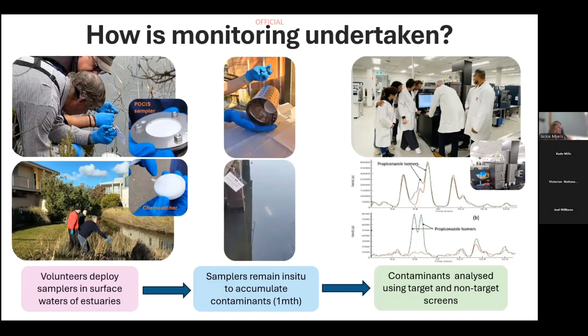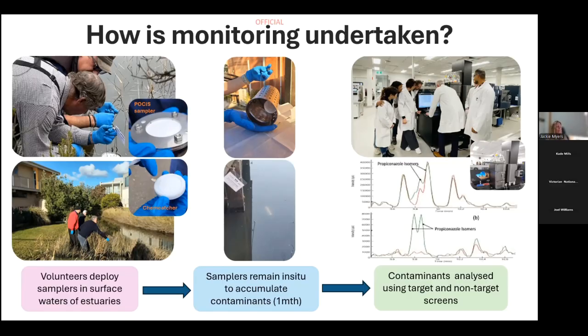We then go and pick them up, and they're taken to our analytical labs, which is the National Measurement Institute in Port Melbourne, and that's where the scientists extract the contaminants off them and screen for their presence. We're using 2 different screening approaches. One is called a targeted approach, where we have a list of around 450 contaminants that we've developed over many, many years that we potentially think might be present, so we compare against them.